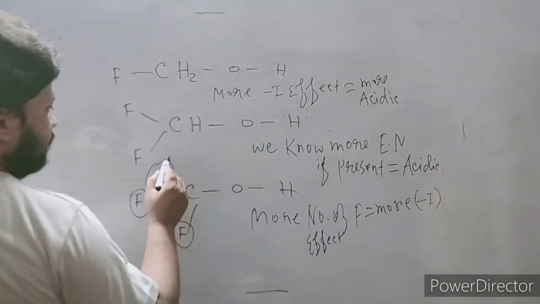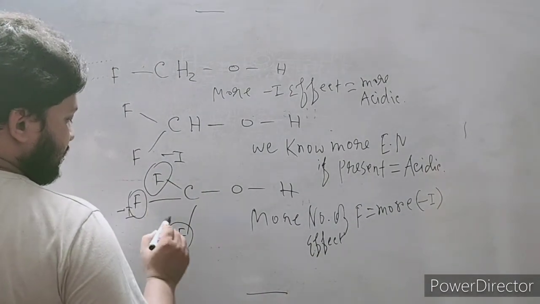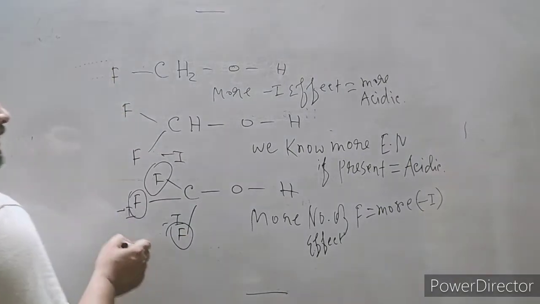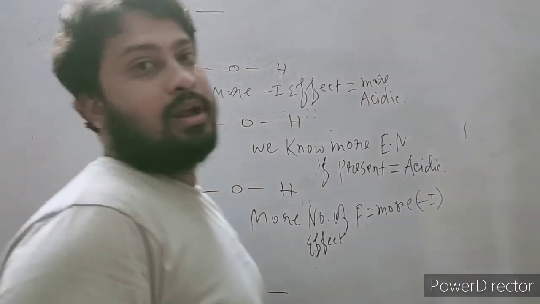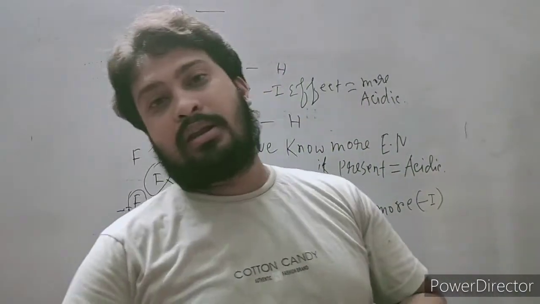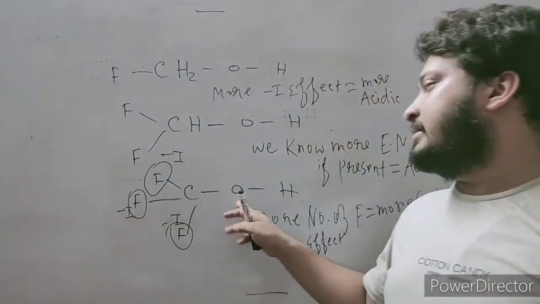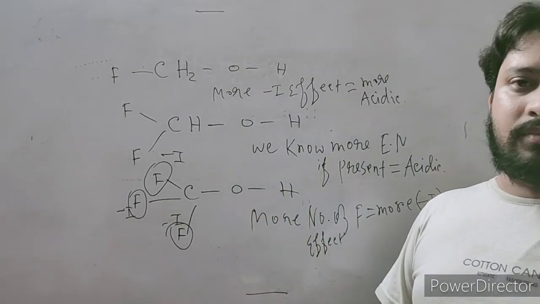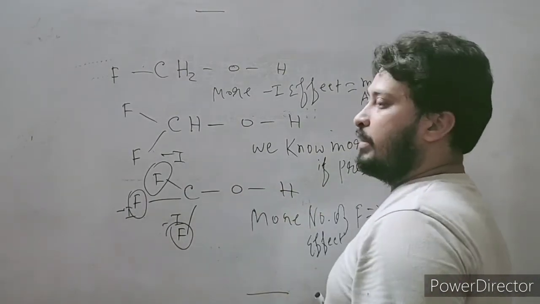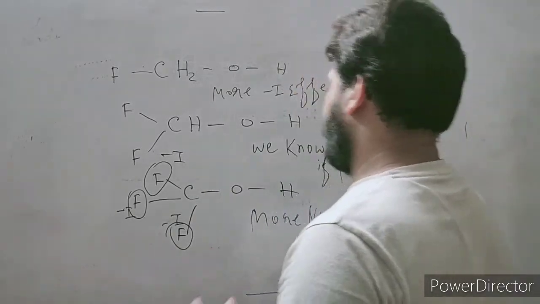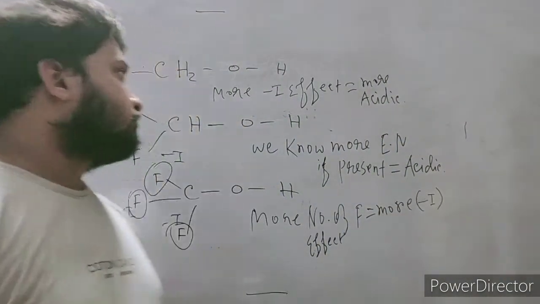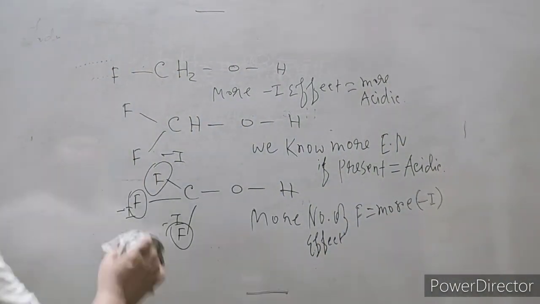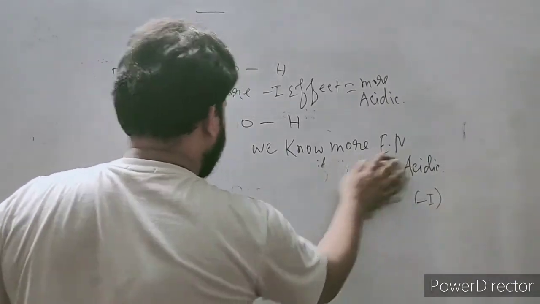So it is more acidic compared to the second one and the first one, due to the presence of more fluorine. More fluorine means the electron density on oxygen is very low. Therefore this bond is very weak, and it can easily donate this H plus in aqueous medium. That's all.